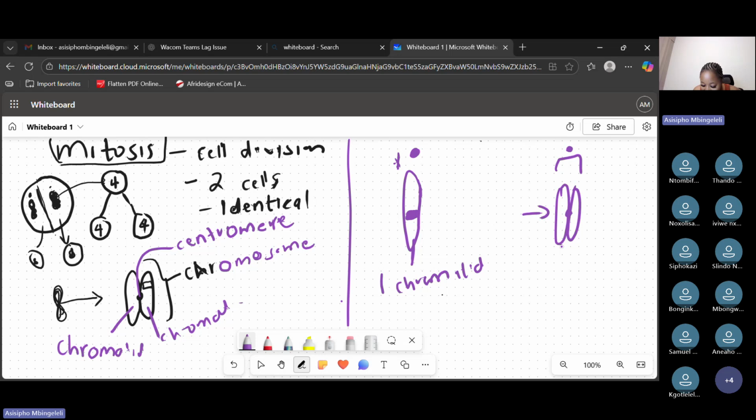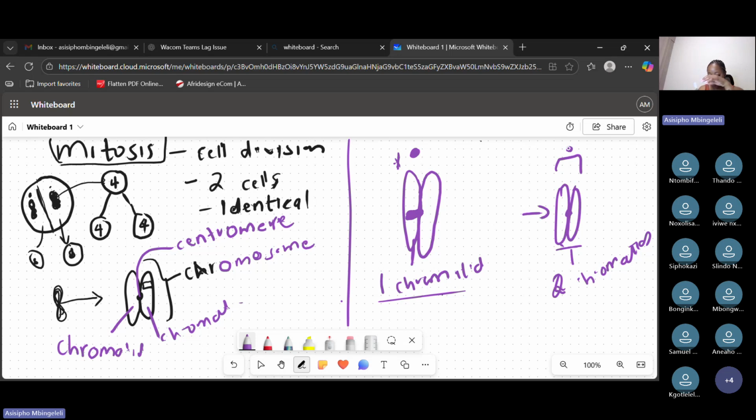But in this case, this chromosome is made up of two chromatids. That is the only difference. So this one will eventually replicate and form another chromosome that is very, very identical to it. So what we had initially was a chromosome made up of one chromatid. Then in this diagram, we had a chromosome made up of two chromatids that are joined together by a centromere.